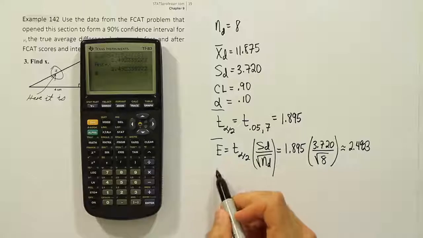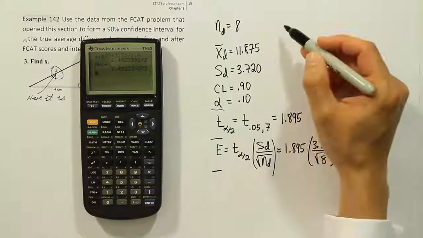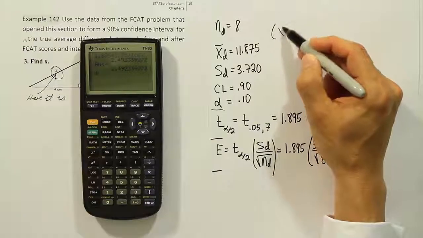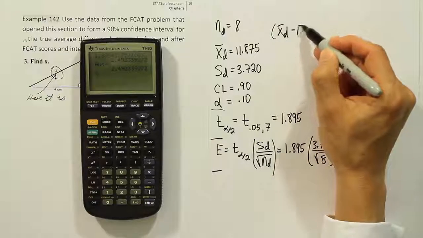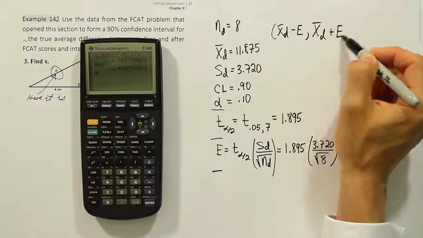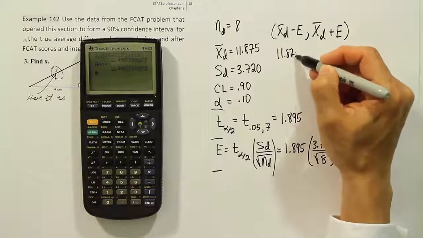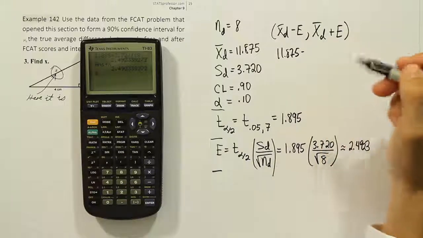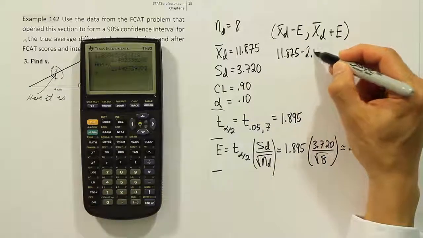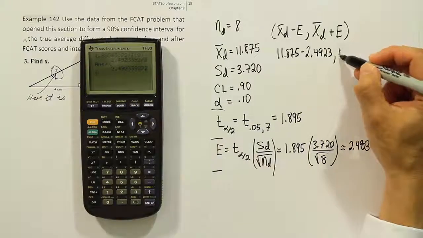The last step of this is to fill in the interval now, right? And that interval, recall, is x bar for the differences minus the error, and x bar for the differences plus the error. So x bar for the differences is 11.875 minus this value I just found, 2.4923, and then do the same thing but add this time.